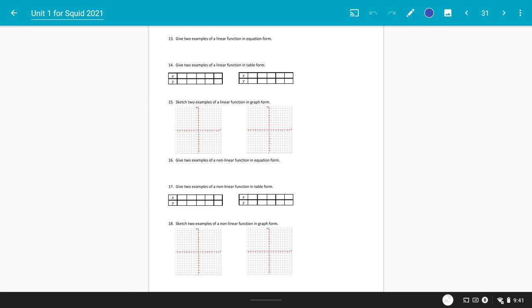Just give me one. And then do number 14. Give me one example. Number 15, give me one example of a linear function in graph form. Number 16, give me one example of a nonlinear function in equation form. You want us to do all of them, but just one? Yes. So 13 through 18, you're doing all of those, but just give me one for each. Are you with me?